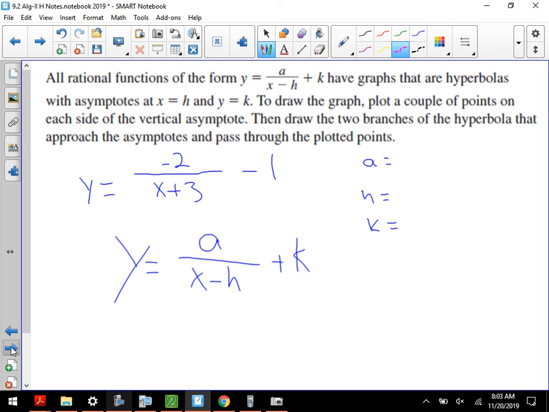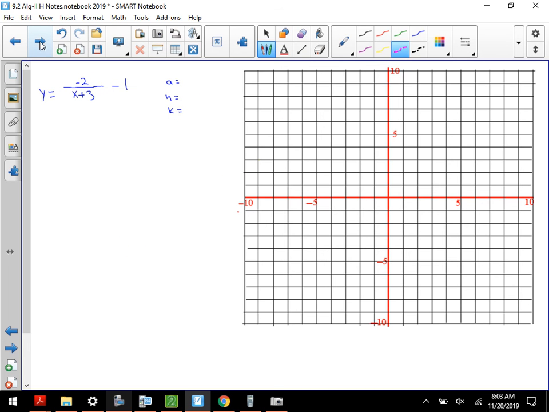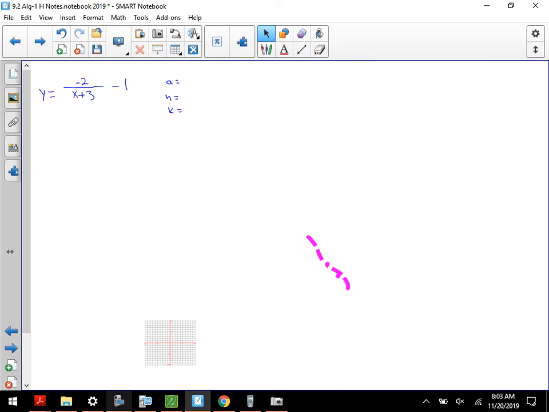I like to use the generic equation. We're just going to use -2 over x plus 3, all subtract 1. And I'll go through the process of what you would do to make all of that work. I'm going to clean here. And I'm not going to use graph paper. This graph paper is for losers.